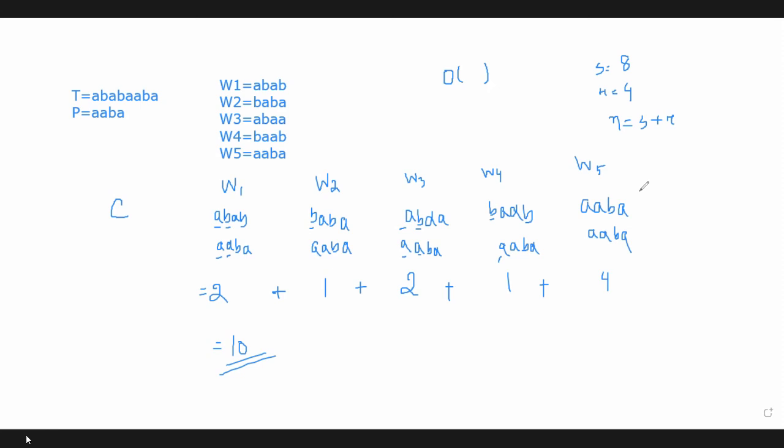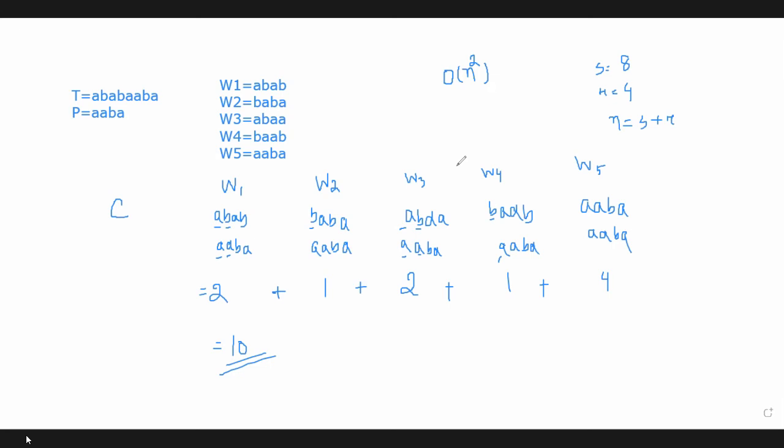So can anyone explain why the time complexity is order of n square? It's your task. You have to find out why the time complexity is order of n square, because you know how to calculate time complexity.